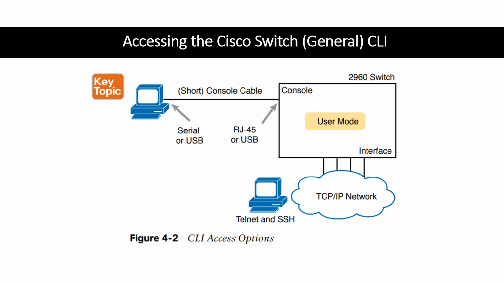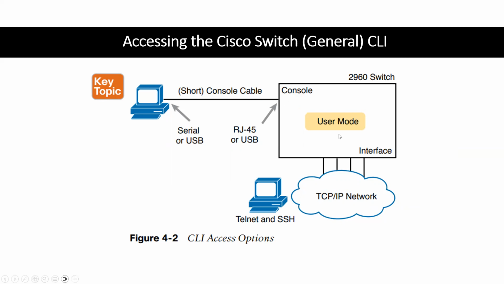Let's talk first about that console cable. I gave Mo one, and Nelson, I should have given you one. Nick, I'm sure you got one. It's either serial to USB, where it uses a rollover adapter, or it's straight USB to RJ45.